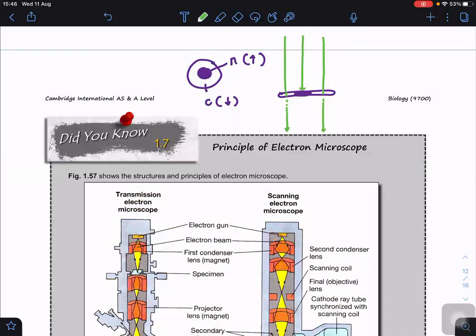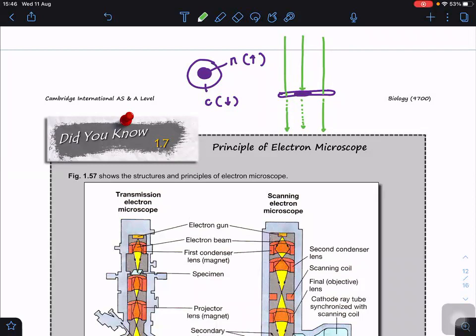You cannot use a simple dye, because a dye won't be able to block or stop the electrons. So fewer electrons pass through, which means that when you look at the screen, you can see the contrast now. Are you clear? You can see the contrast.